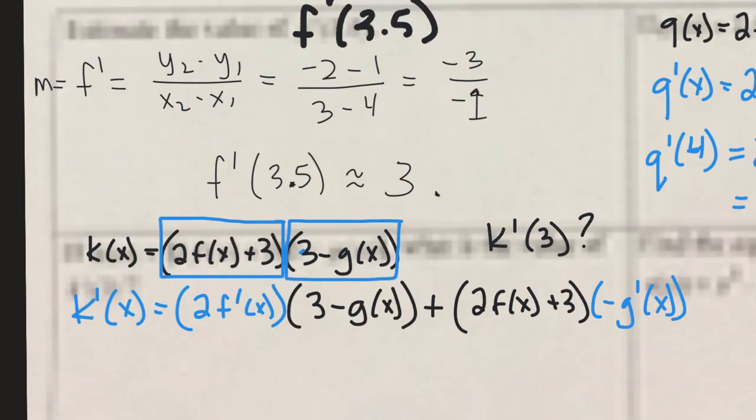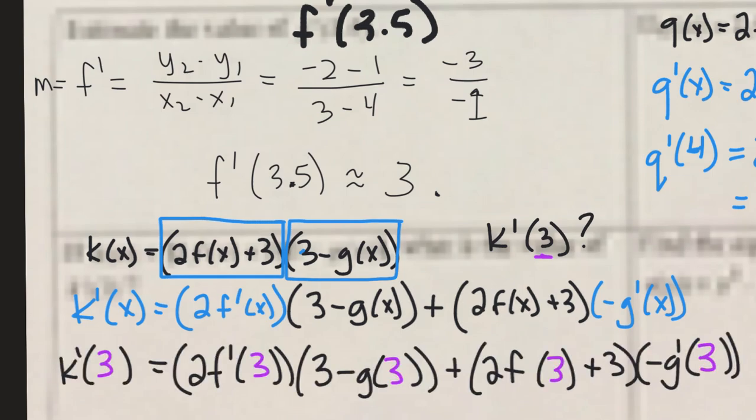Okay, so now we want to evaluate it at 3. Change all of our x's to 3's. Now we're going to be very careful in evaluating this. This is 2 times f prime at 3 from your table, times 3 minus g of 3 from your table, plus 2 times f of 3 from your table, plus 3, right?